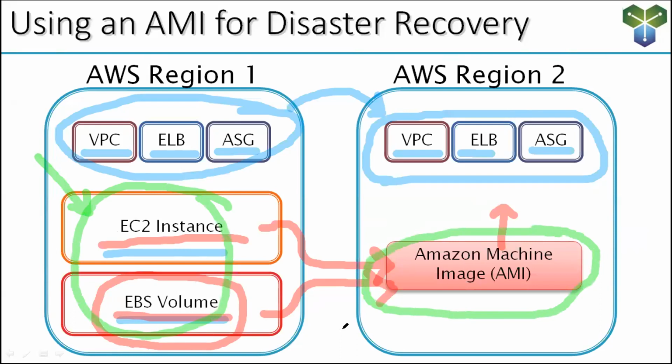So now if I do have a disaster, I've got an image that I can work from. And even if the image is 3 months old, I can use the AMI to spin up a new instance, and then I can use whatever my backup solution is to restore the latest data to that instance.